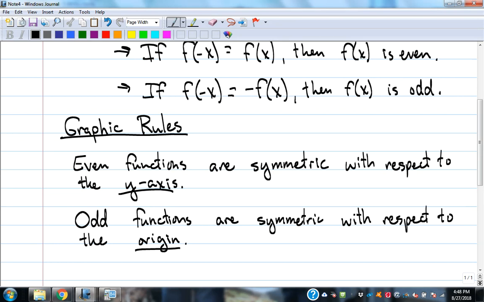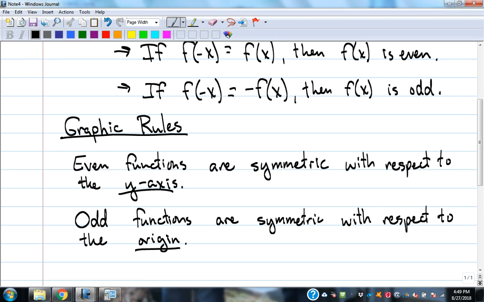That's an even function. Okay? An odd function is a little tougher because it's with respect to the origin. What that means is I can fold it across the y-axis and then fold it again across the x-axis, and then it should match up. Okay? That's a little harder to visualize because you can't always just pick up the graph and fold it. But we've got some algebraic tests that can help us with that.